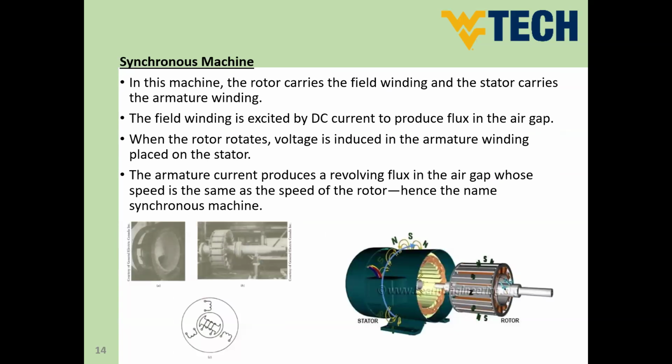The third type of machine is the synchronous machine, and this is widely used in power plants as generators. In the synchronous machine, we have what's called the salient pole machine, and we have the cylindrical type machines. You will find the comparison in our classes, the difference between these two machines and where we can find the salient pole machines and where we can find the cylindrical type.